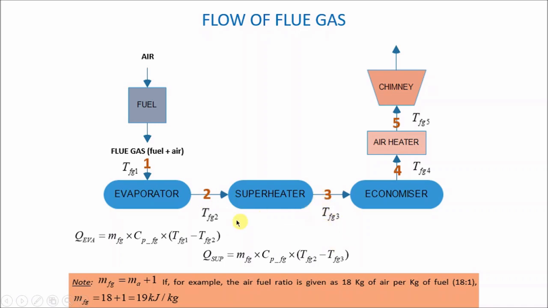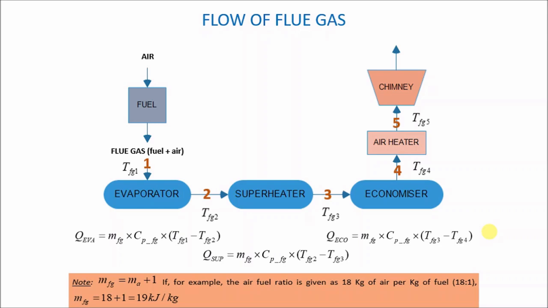And again, I repeat, the temperature of the flue gas at state 2 is higher than the temperature of the flue gas at state 3, because as the flue gas is traveling through the different components of the steam plant, it is giving them heat for them to be able to do the work that they need to do. Really important. And finally, you also have the heat absorbed by the economizer, and again, what you see here is a similar equation. Very, very important.